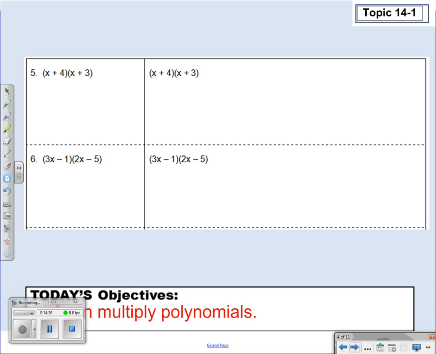Okay, number 5 and number 6. Notice how number 5 and number 6 are different. So how are they different from our previous problems?